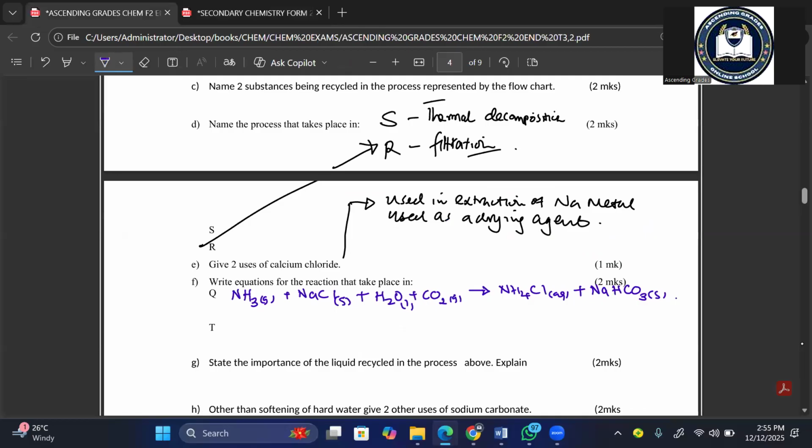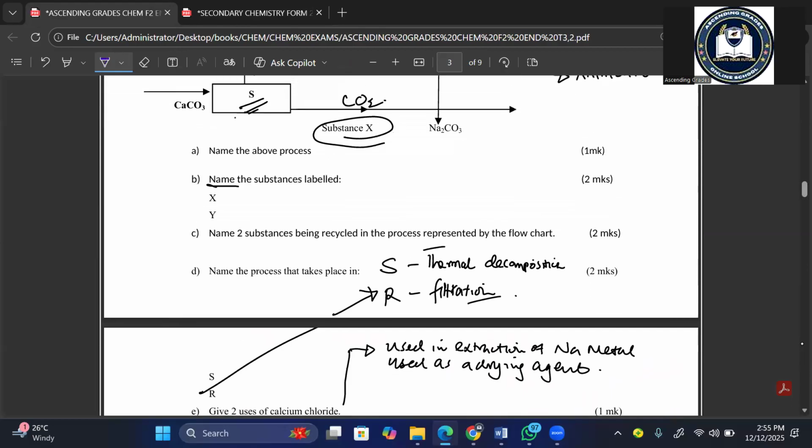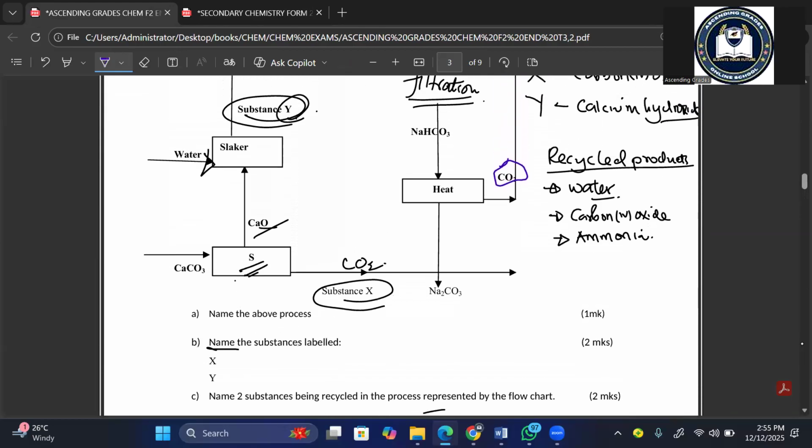So now let's look at the process taking place at T. We can always get back to the charts.